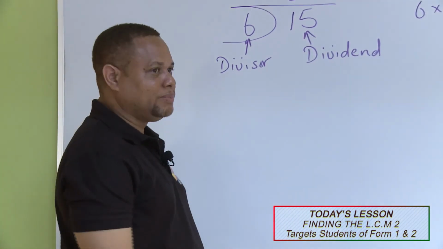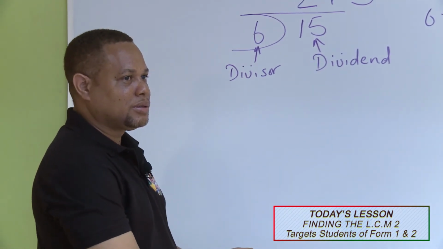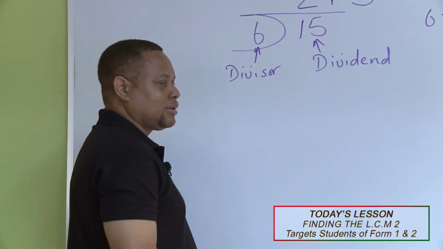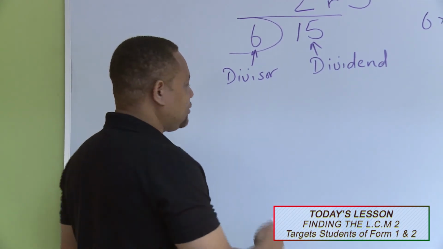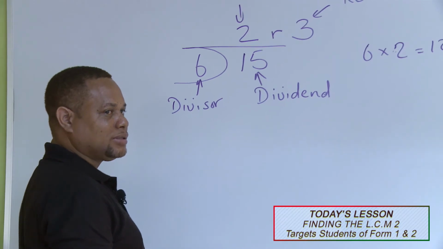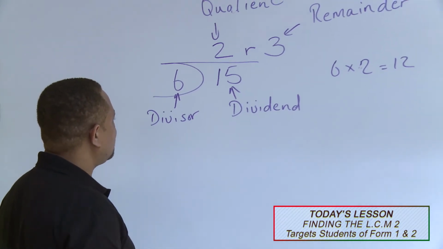So we can now set up this formula, where the formula is the dividend is equal to divisor times quotient plus the remainder.